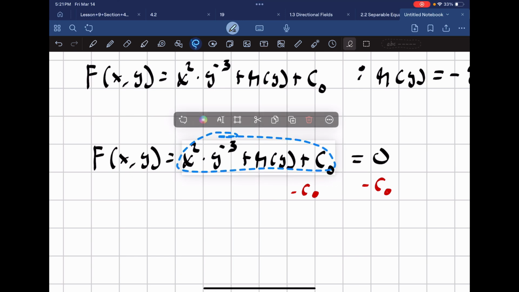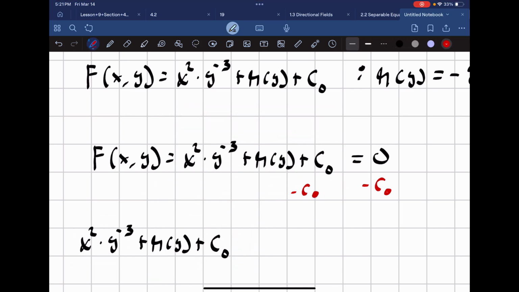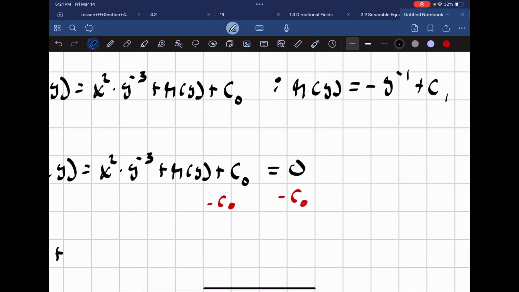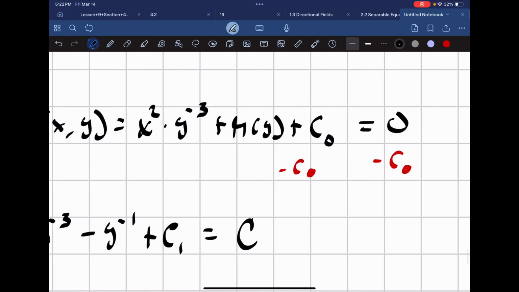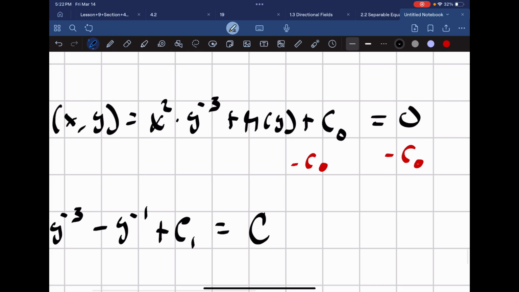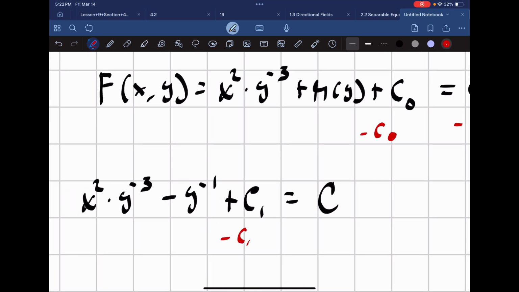And let's also plug in what h is. h of y would equal negative y to the negative first power, plus c sub 1 equals c, since negative c sub 0 is just another constant. And then we minus c sub 1.